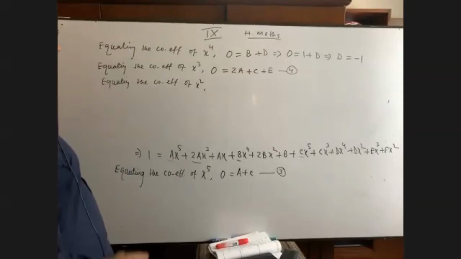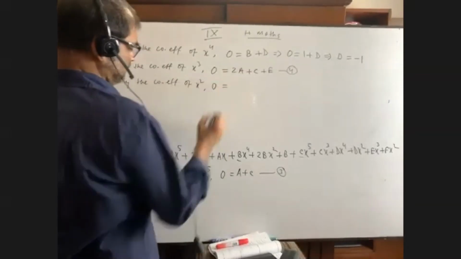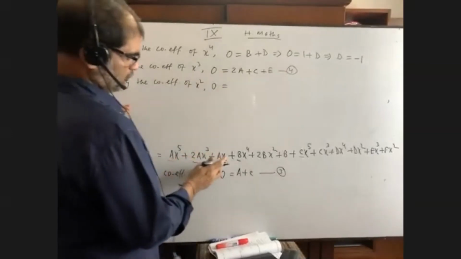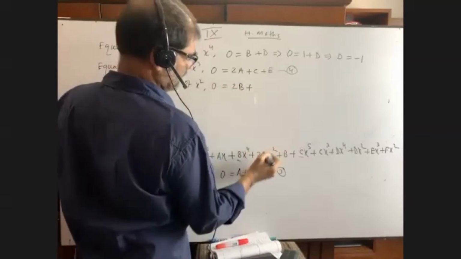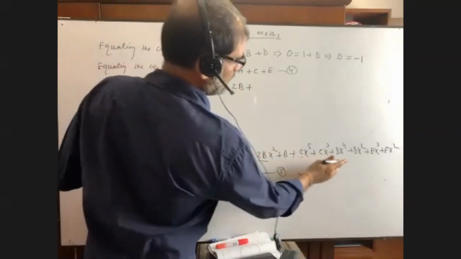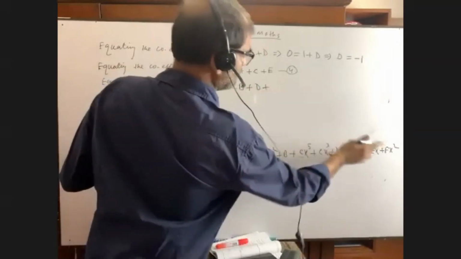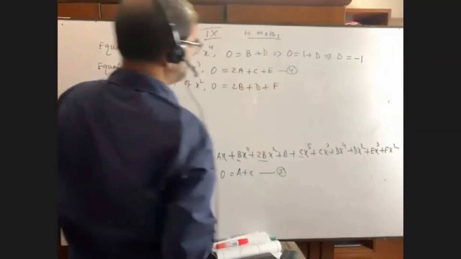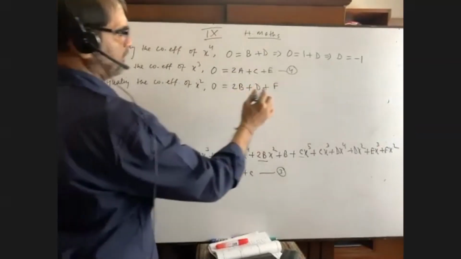So we are getting the coefficient of x square as 0. This is 2b, this is d, this is f. So we know by this time the value of b and d.